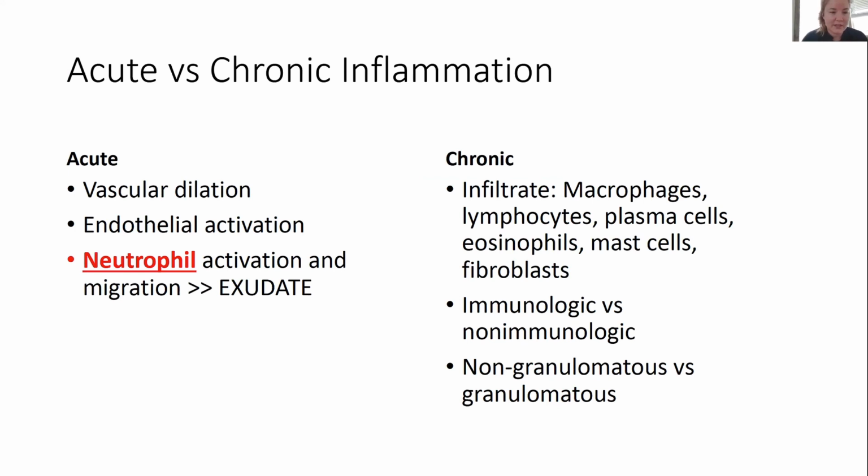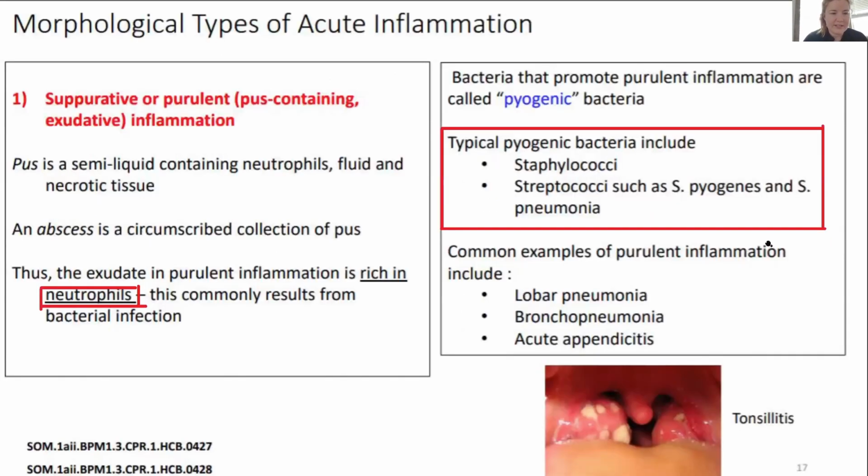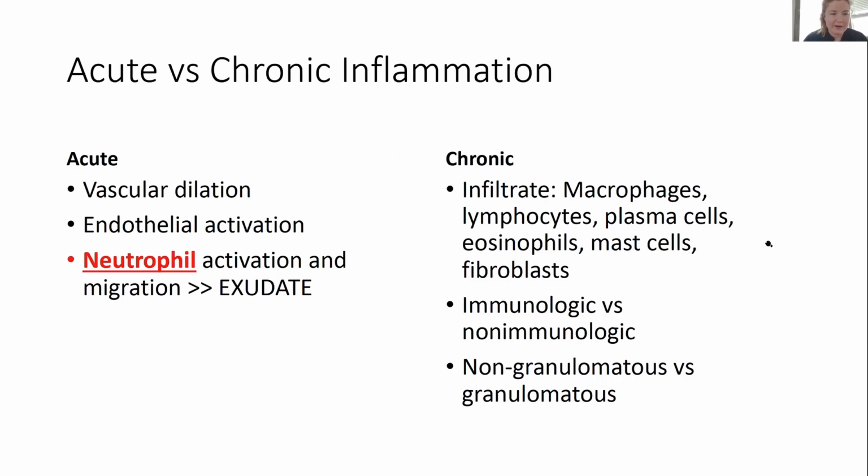And that is what this acute inflammation is. So the vascular dilation, endothelial activation, this stuff is very similar to when you see the hemostasis. So you get a cut and you have something that happens at that site. So this is very similar to that. But the big thing you need to understand about that are the neutrophils, and you're going to get this exudate.